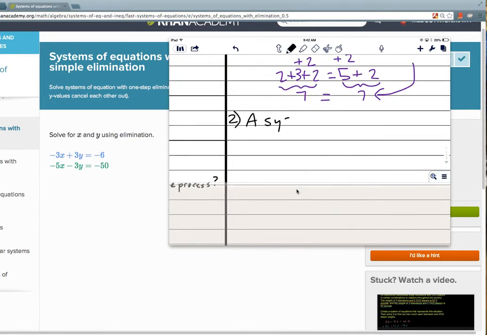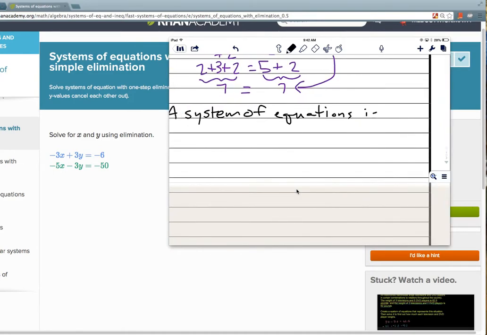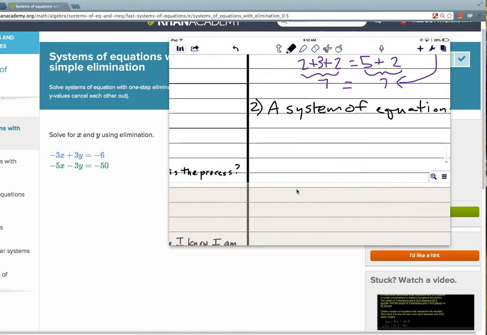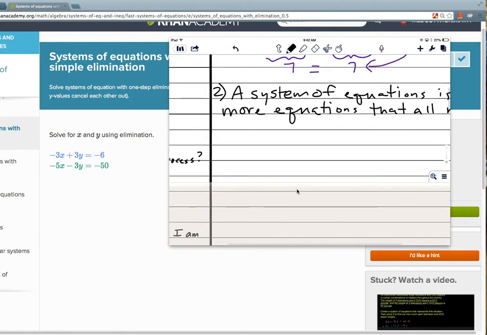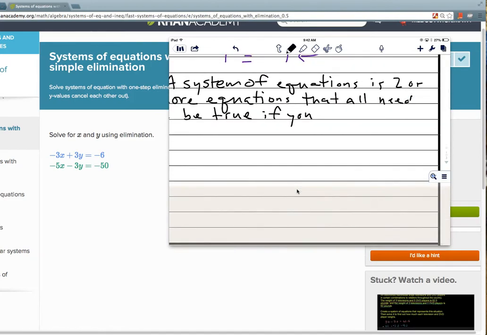A system of equations is two or more equations that all need to be true if you have a solution.